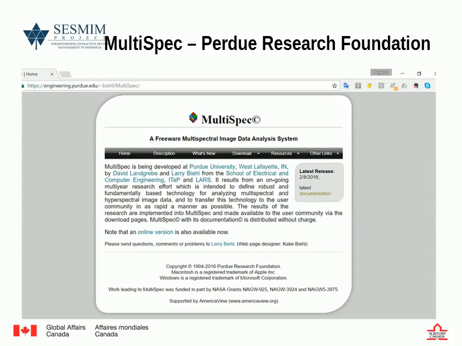Okay, the other one that we're talking about is MultiSpec. Now, MultiSpec is a pretty nice product developed by Purdue University in the United States. I guess the university got funding from the Purdue Research Foundation. And you notice down below there, they say they have an online version now available.